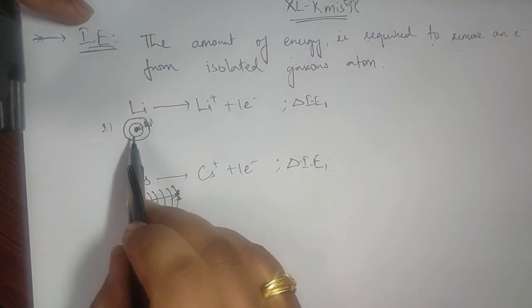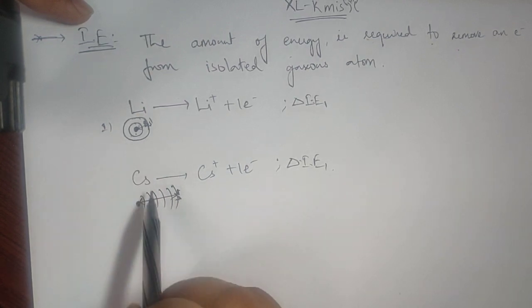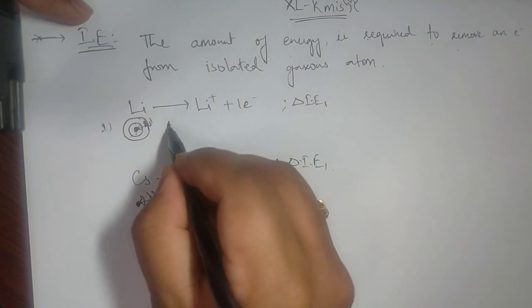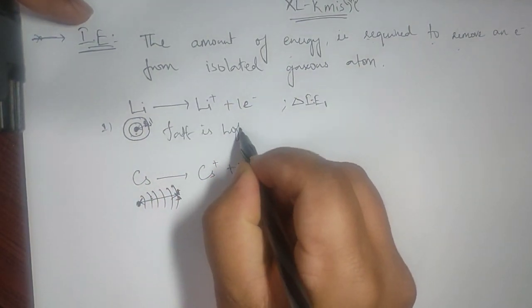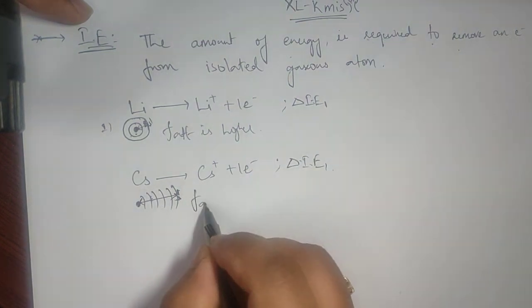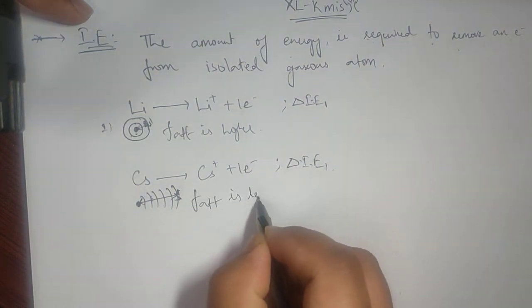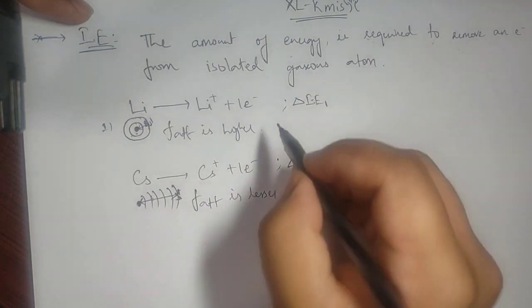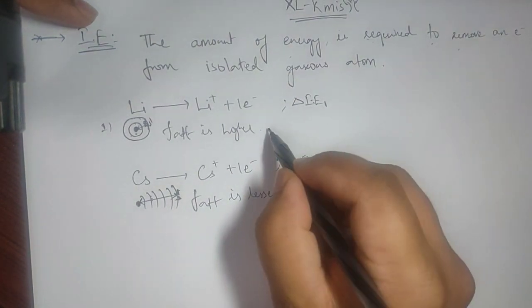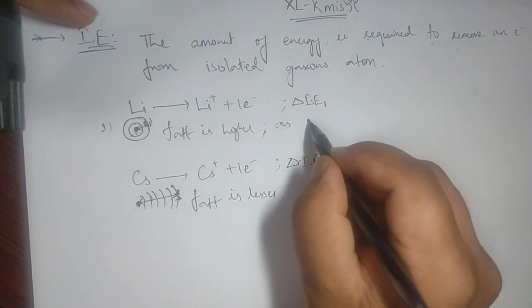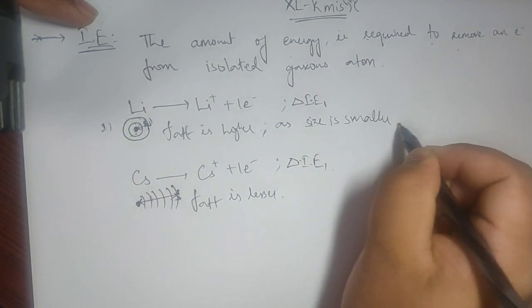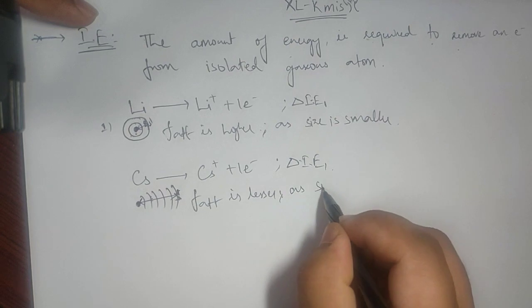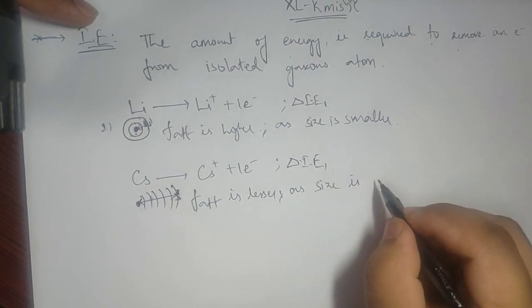So now already we have finalized, between these two, in which case the force of attraction is higher. In lithium the force of attraction is greater. Why? Because the size is smaller, and here, as the atomic size is larger, the force of attraction is lesser.